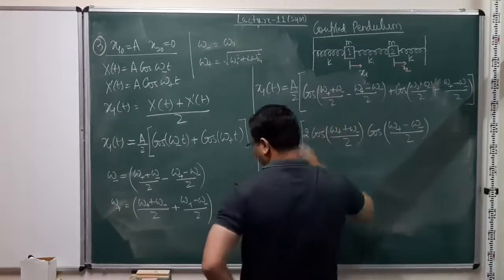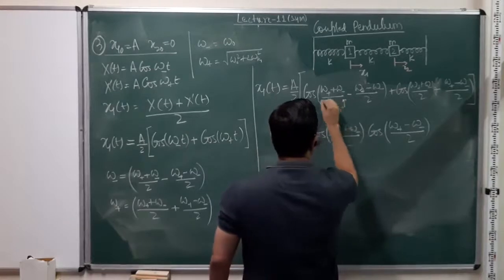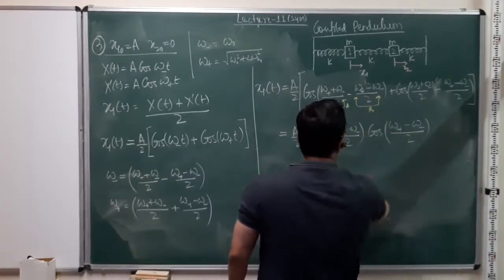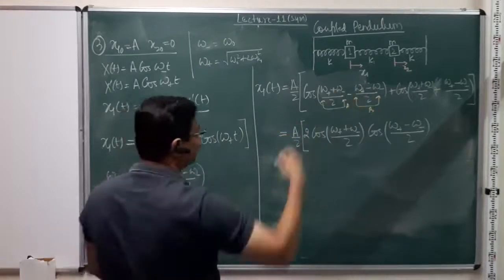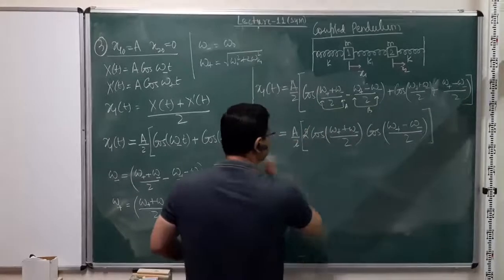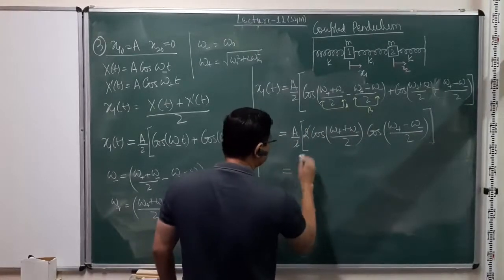So we have taken this as A and this as B, and if you solve it, you will see that you get this expression. So you cancel it out, and we can write it down.